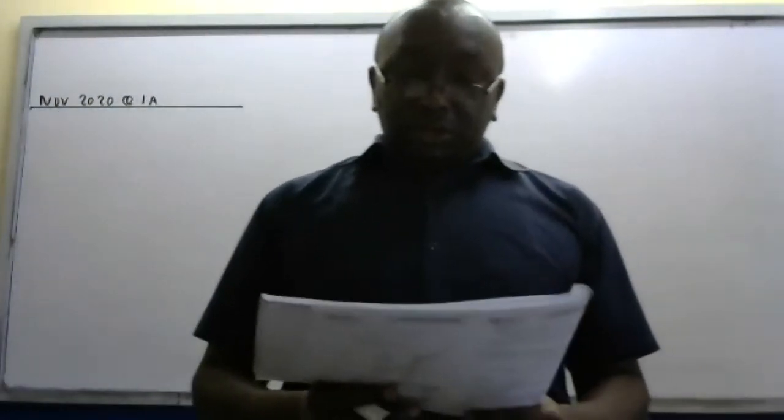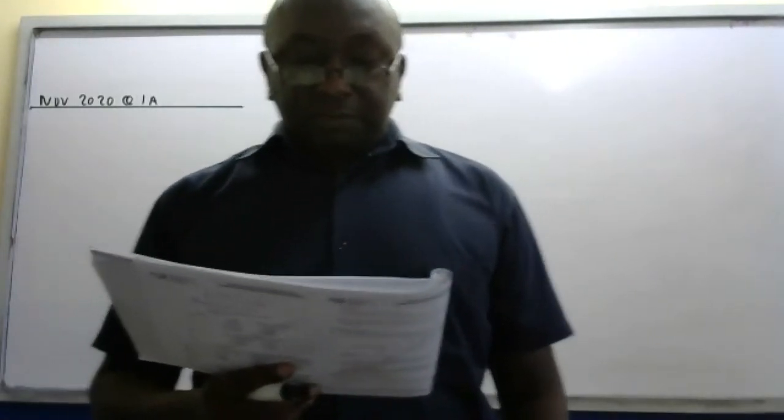So the question reads that a potential investor in the production of a new type of organic fertilizer estimated the demand function of the product to be average revenue AR is 150 minus Q, where AR is the average revenue in thousands of shillings and Q is the output in tons.